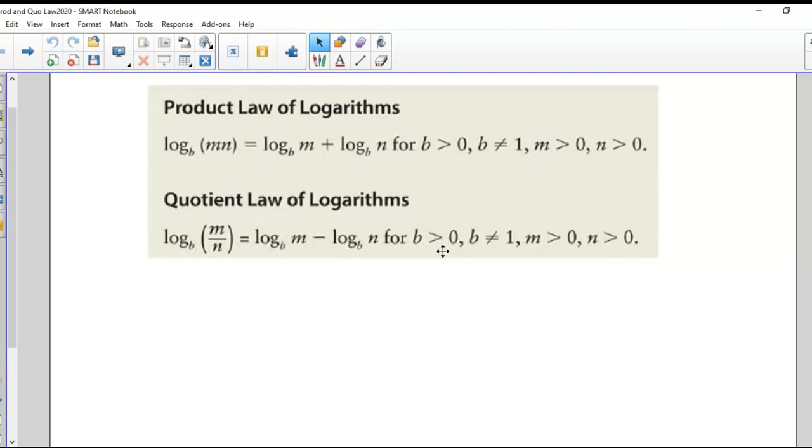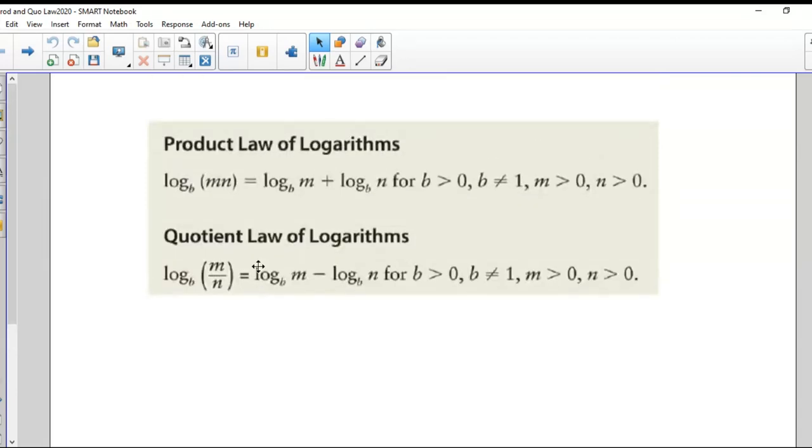The same conditions would apply, that b has to be greater than 0, and b cannot be equal to 1. The m and the n must also be positive. Okay? All right. So that's just what the law says. That's really all it is.